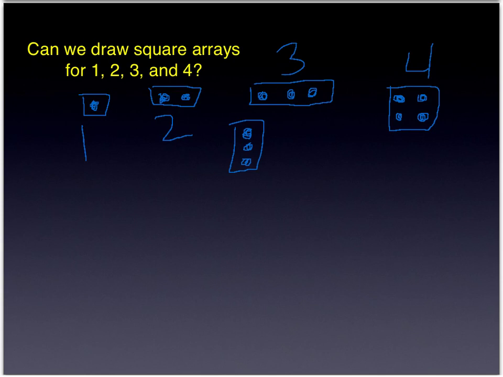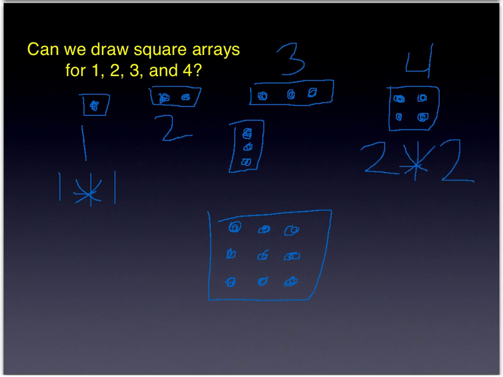So if you think about what numbers can be turned into squares, the next one is going to have 9 dots, because you can get a row 3 by 3. So notice this is a 1 by 1 array. Here is a 2 by 2 array. So this is a 3 by 3 array. So I go from 1 to 4, and I end up with 9.